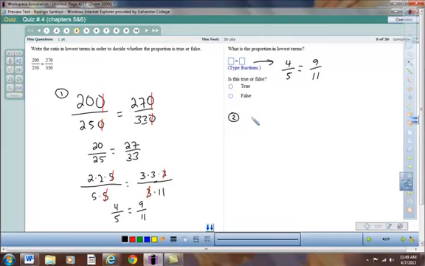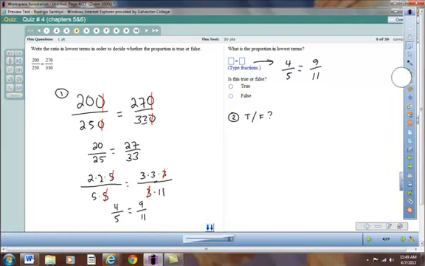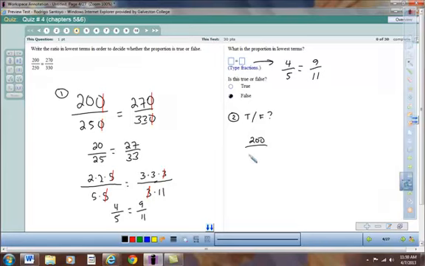So remember, second, to find out if it's true or false, we could just go ahead and have our original problem. And you have two options. If they're not the same, you know it's false. But the other way of doing it is by cross multiplying and seeing if one side equals the other.